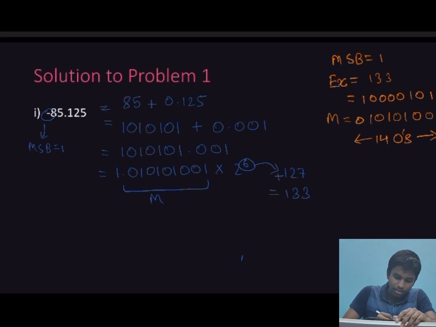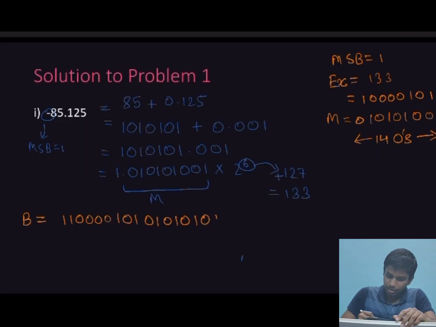So now combining them in the IEEE standard format, in binary we get 1 10000101 and the mantissa as 0101010 01 and then 14 zeros.